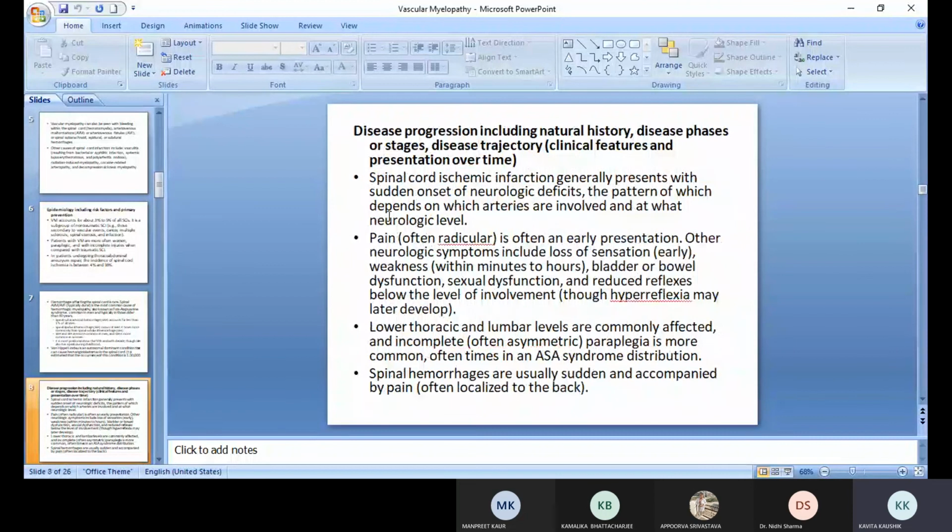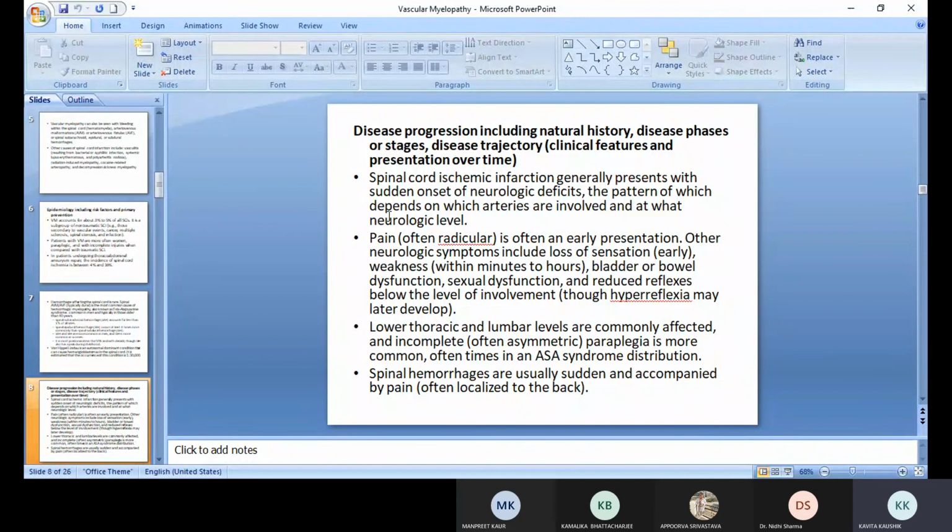Then how the disease progresses, its natural history and different phases of vascular myelopathy. Spinal cord ischemic infarction generally presents with sudden onset of neurological deficits, and the pattern depends on which artery is involved, which artery is compressed and causes the ischemia in the spinal cord.